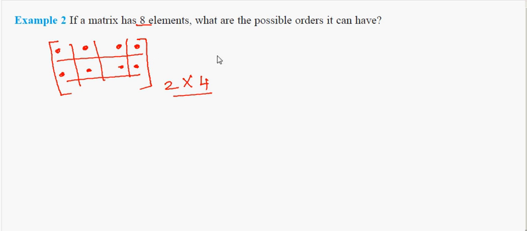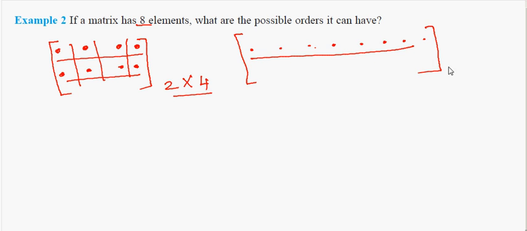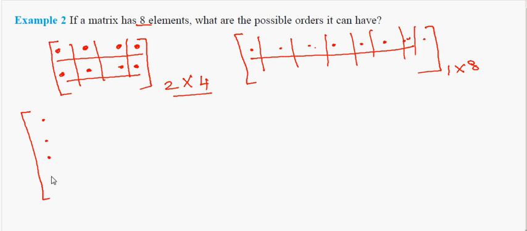Again, I can arrange the 8 elements simply like this: 1, 2, 3, 4, 5, 6, 7, 8. In this case there is only one row and 8 columns, correct? So it is 1 by 8. Next, I can arrange the 8 elements vertically.